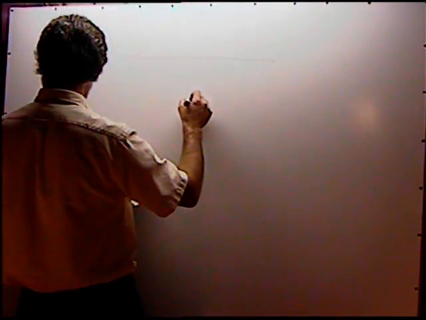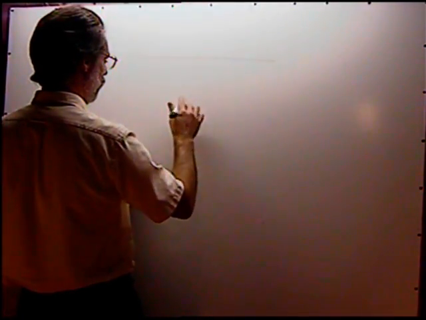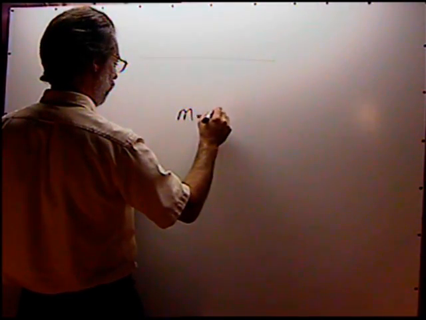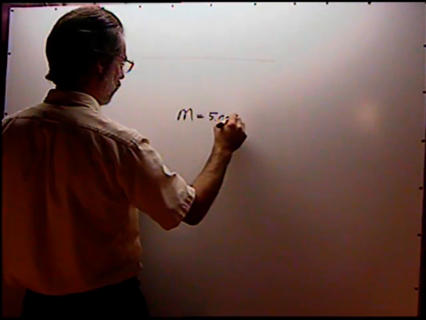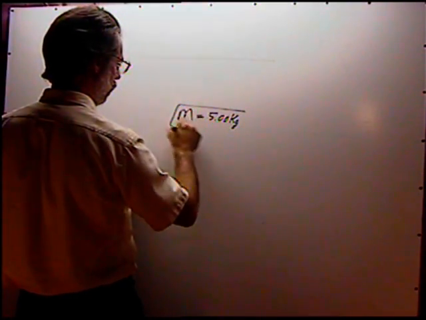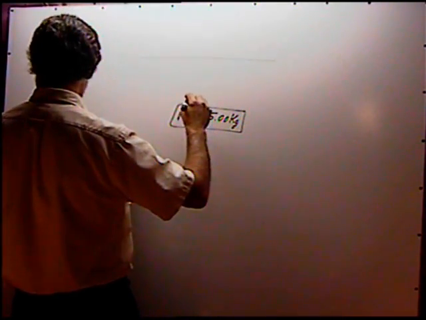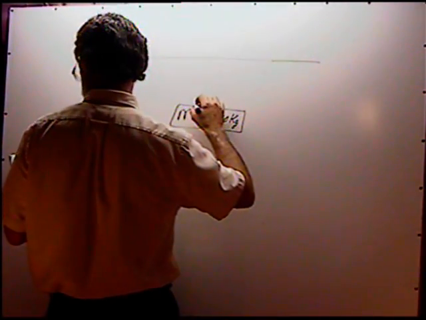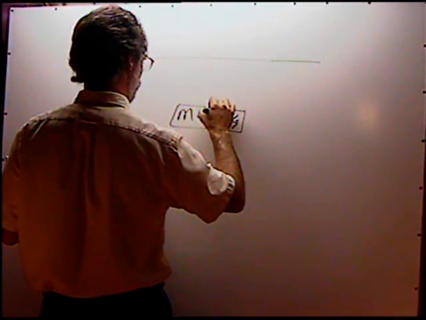We have a weight, a flower pot. This mass equals 5.00 kilograms, and it's held by two ropes right in the middle.